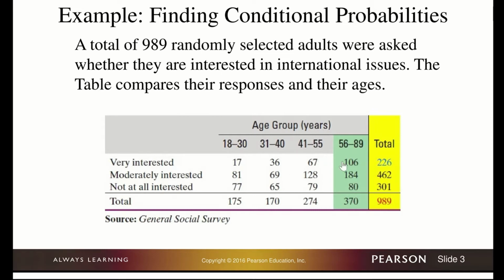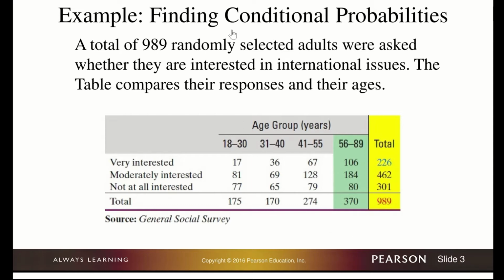Notice that we had 226 respondents for very interested, 462 for moderately interested, etc. Here you can see the sum of the different kinds of responses for the different age groups.